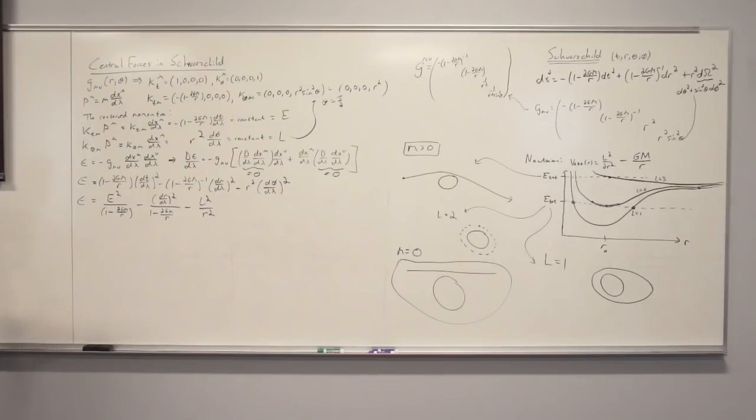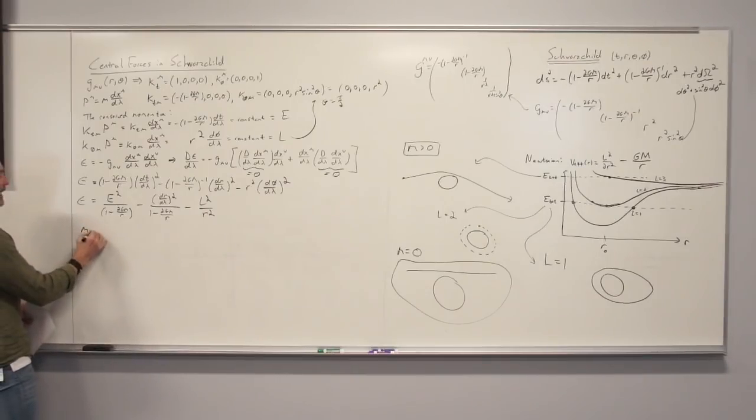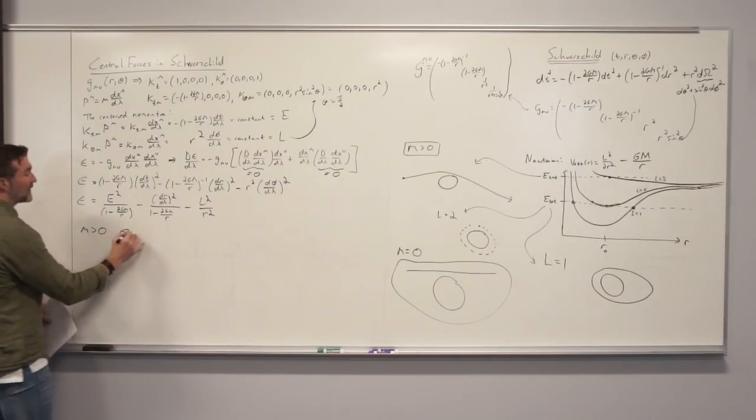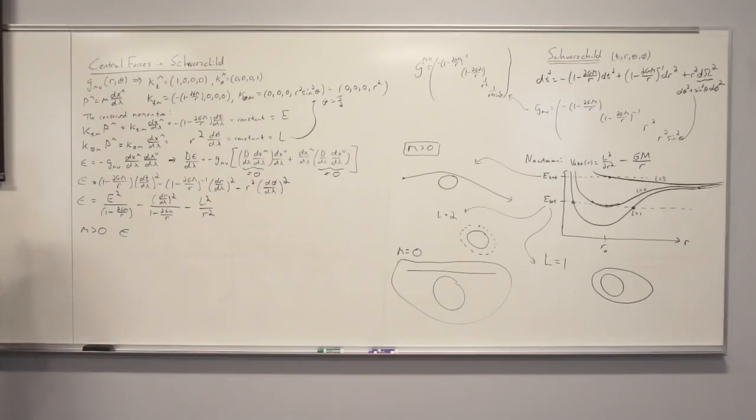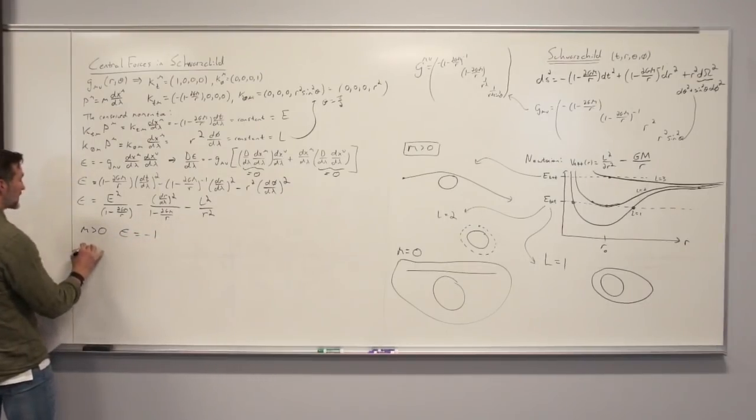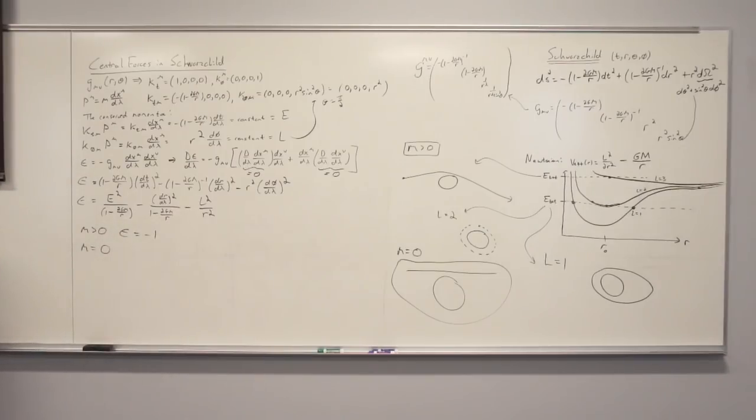Let me actually just say very quickly before I erase all this, because you'll forget. When an object is massive, what is the value of epsilon? -1. Okay? Here's where it gets tricky. When an object is massless, what is the value of epsilon? Well, epsilon is this. Folks, this is minus ds squared. What is minus ds squared for a massless particle?